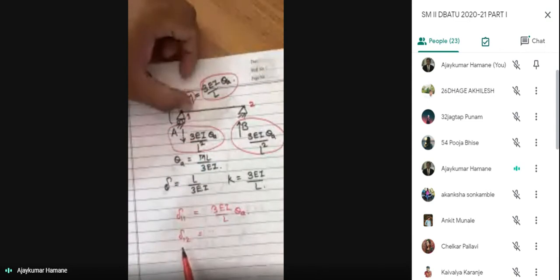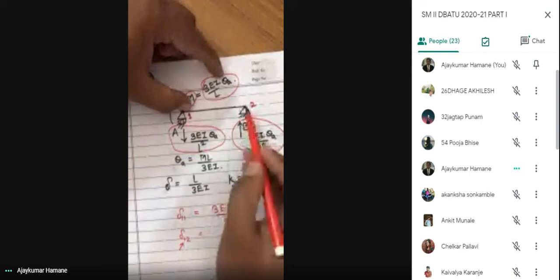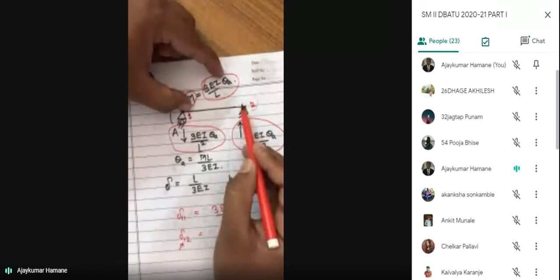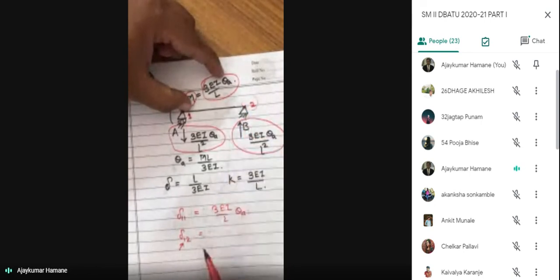What is the rotation at node 1 due to the moment applied at 2? Now the moment applied at 2 is what? 0. Correct? Moment applied at 2 is 0.